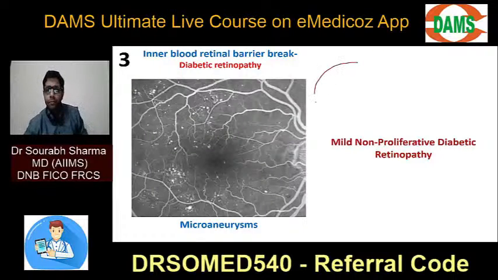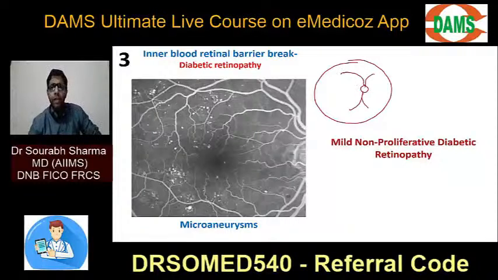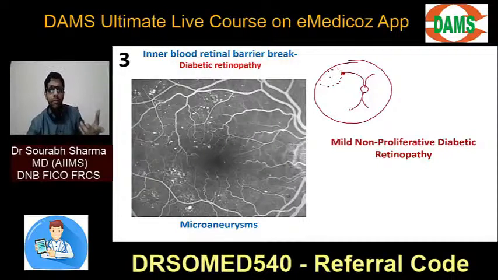Now, there is no time for the pathogenesis of diabetic retinopathy, but tell me, what happens in diabetic retinopathy? The vessel is leaking. Later on, the vessel becomes blocked. If the vessel becomes blocked, what happens to the retina supplied by that capillary?